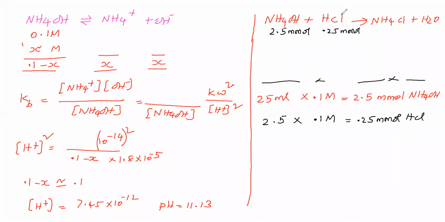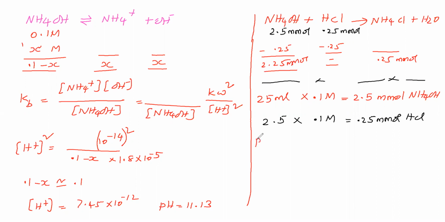They are going for reaction now. It is reacting 0.25, so the remaining ammonium hydroxide is 2.25. Ammonium chloride formed is 0.25 millimoles.